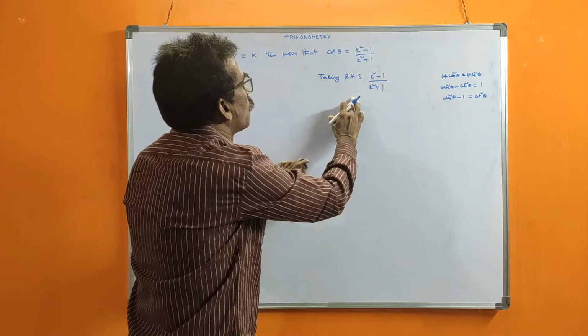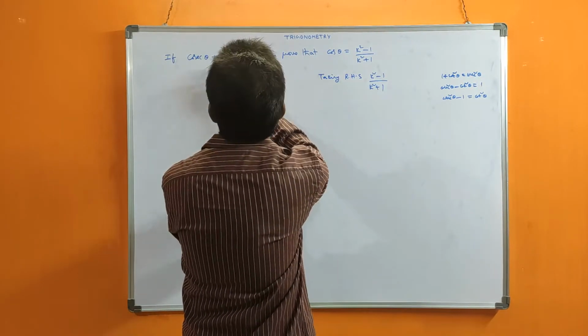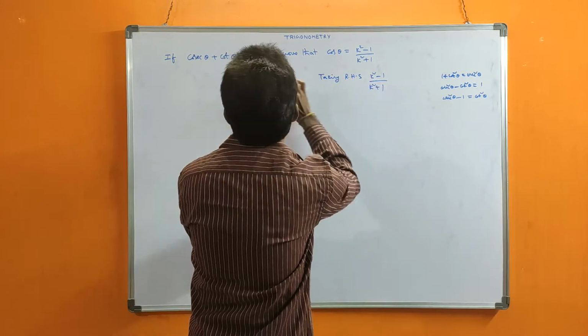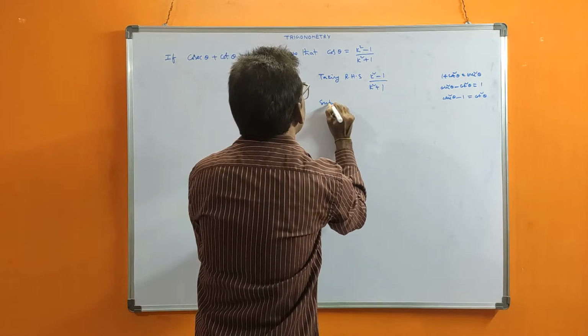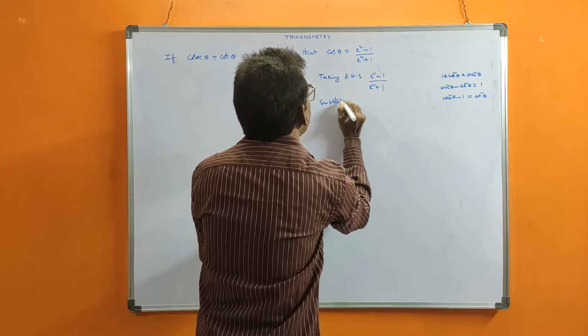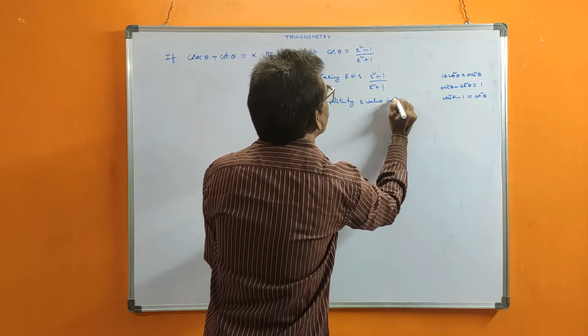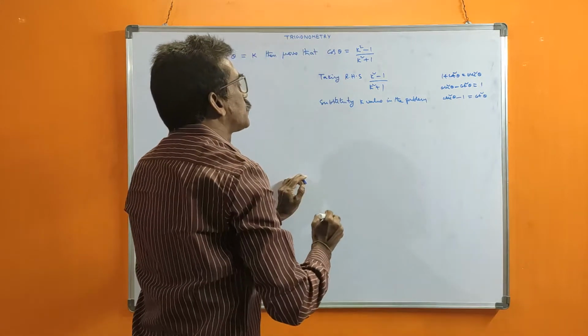Okay, now this is the RHS, but the value of k is given, so substitute the value of k in the problem.